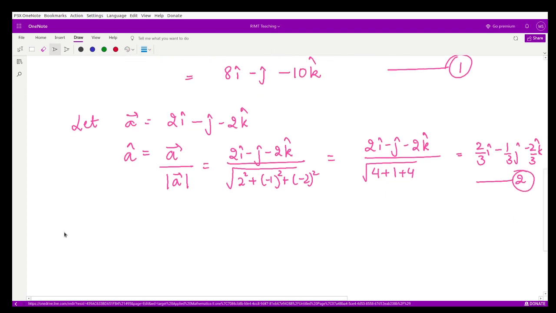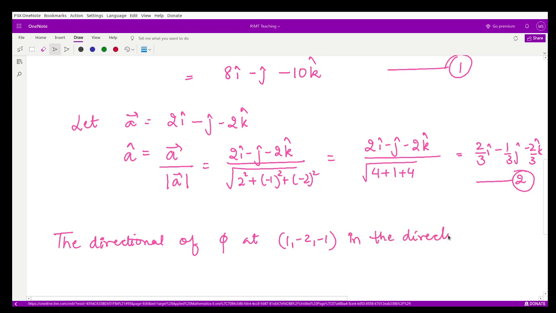Now in order to calculate the directional derivative of phi at the given point 1 comma minus 2 comma minus 1 in the direction of vector A, this is going to be equal to the gradient of phi evaluated at the point 1 comma minus 2 comma minus 1 dot product with the unit vector A cap.